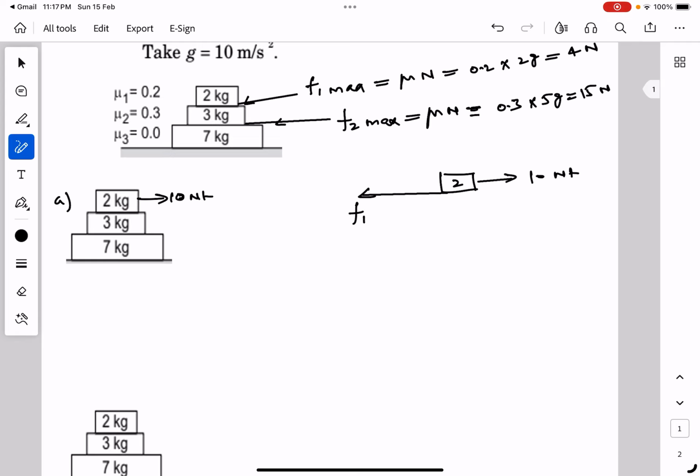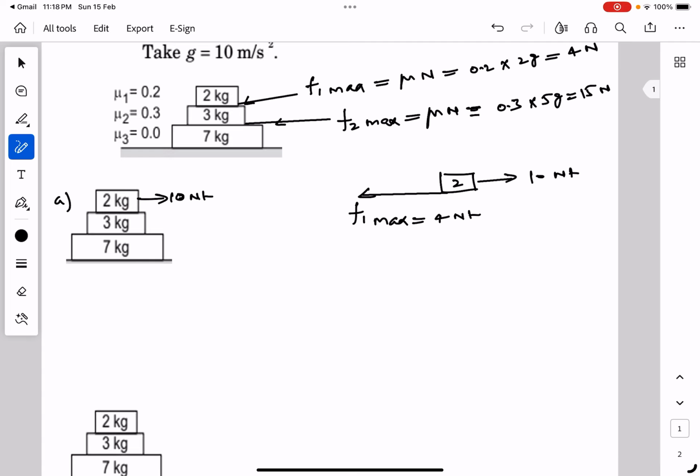Let us take its maximum value, 4 Newton, and since external force is greater than maximum value of static frictional force F1, so there would be relative motion between 2 kg and 3 kg block.